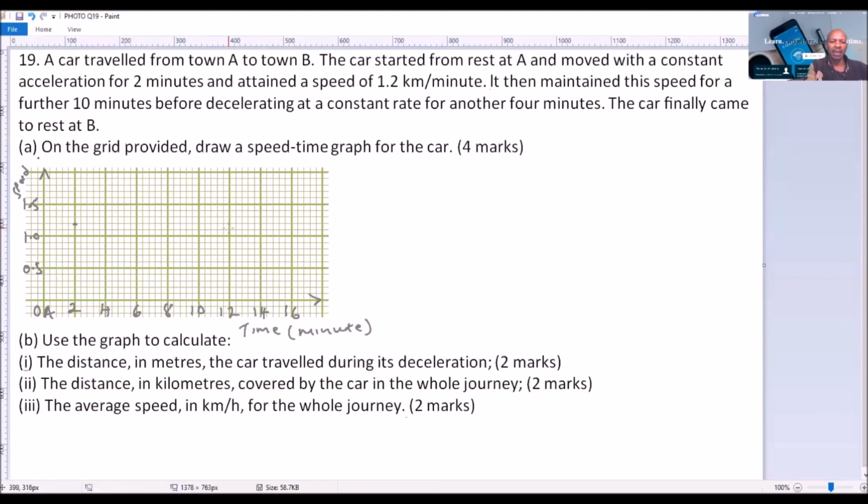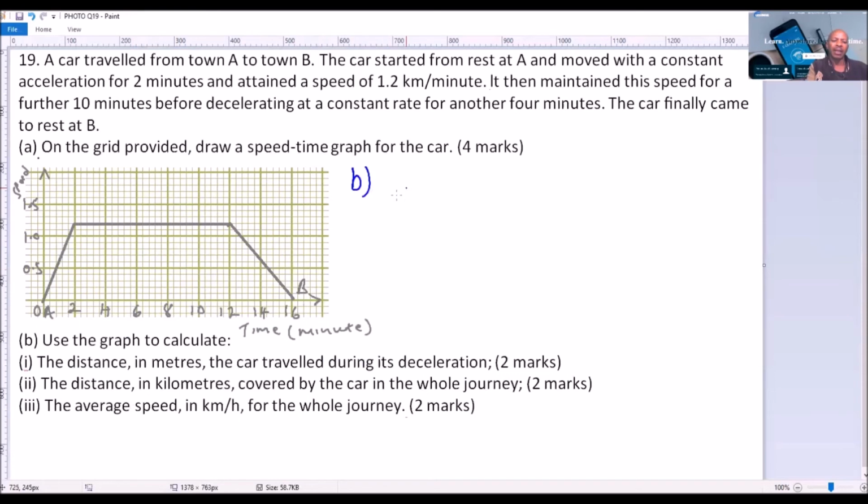That will give us 10 minutes. That is the other point. And it decelerated for 4 minutes, so from 12 we go to 16. So this is our B. With that, we join these points using a straight line to come up with a speed time graph. Using a ruler, you join the 4 points, that is the speed time graph, and then you move to part B of the question.